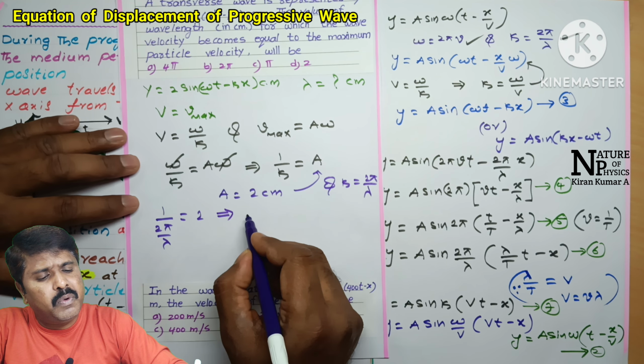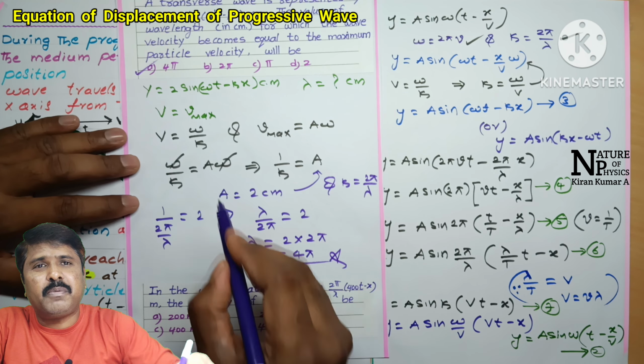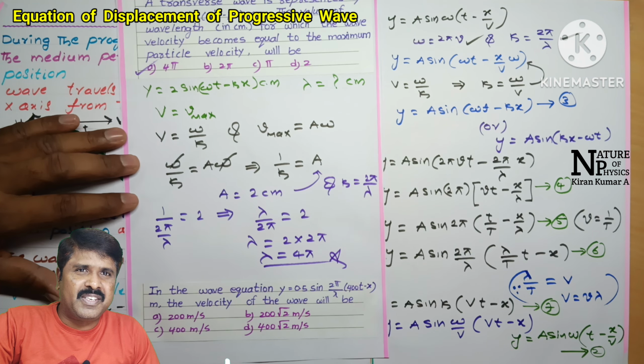Rearranging the equation, lambda divided by 2 pi is equal to 2, so lambda is equal to 2 into 2 pi, that is lambda equal to 4 pi, which is the answer for the given question. So the first option is correct.